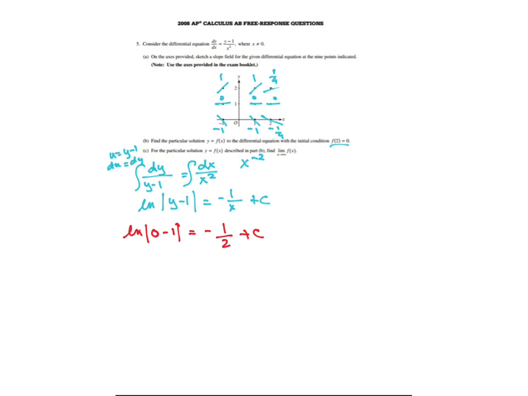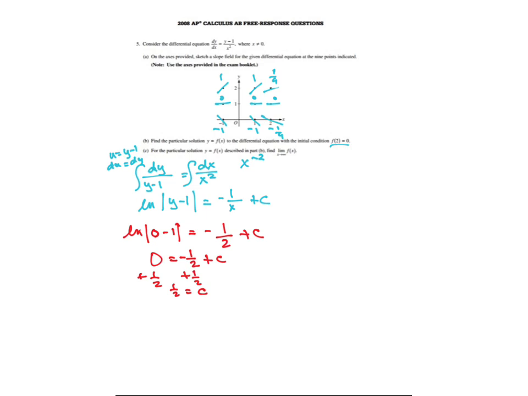Natural log of negative 1 does not exist. But if I do have them, like I'm supposed to, natural log of the absolute value of negative 1 is natural log of 1, which is goose egg. You see how that can make or break you? So we're going to add a half to both sides. So c must be 1/2.